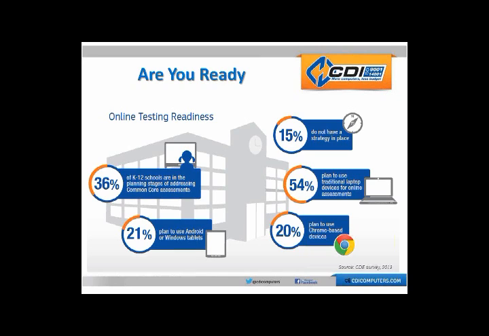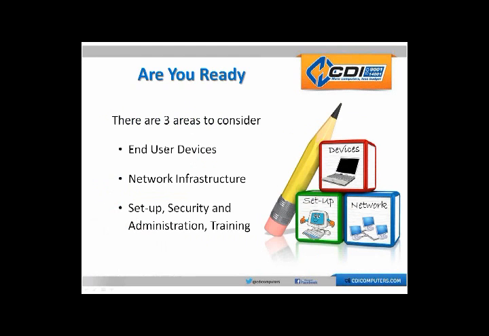What we want to caution everybody about is whatever choice you make, make sure it's compatible with the criteria for the state testing, and make sure that it is robust enough to do the state testing. There are ways of testing your devices, and we'll talk to that shortly. Depending on which state you're in, you will be able to determine whether your devices are adequate or not.